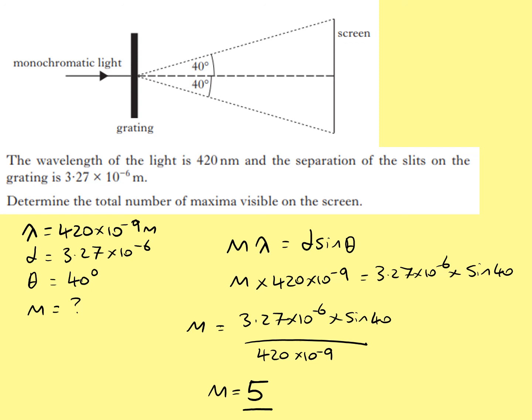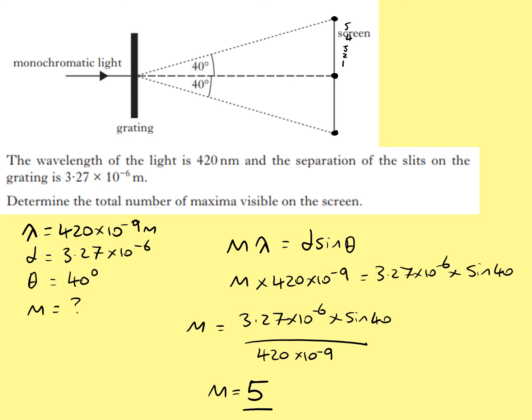Now, that's not the final answer. We're told that m is equal to 5, so that we have 5 maximas up to the edge of the screen here. Now, if we have 5 maximas up to the edge at the top, we also have 5 maximas going to the bottom, plus our central maxima in the middle. So remember, we'd have 1, 2, 3, 4, and then 5.